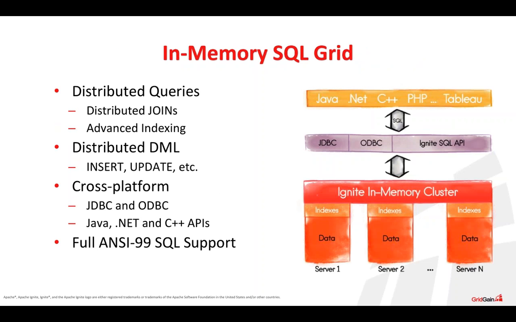And as for the query APIs, today I'm planning to rely only on in-memory SQL Grid capabilities. I hope that a lot of the people who work with relational databases are accustomed to working with the SQL language. And thanks to Apache Ignite, we can leverage its SQL Grid engine, which is ANSI 99 compliant.